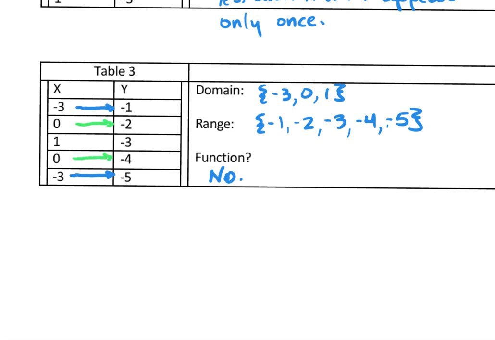We don't have to keep track of both of these. We just need one in order to say not a function. So we can just say -3 goes to -1 and -5, and this violates our definition of function.